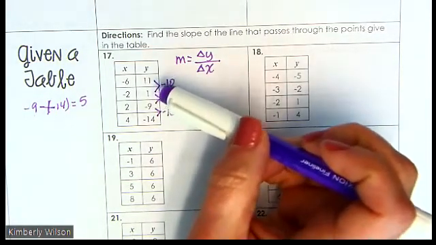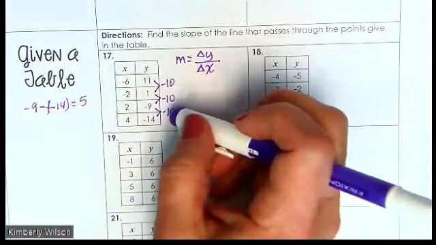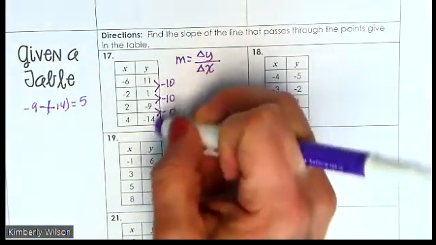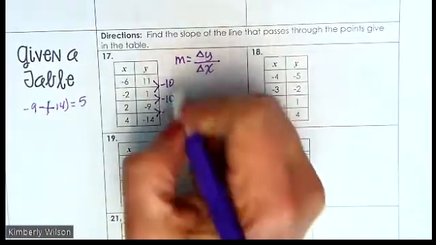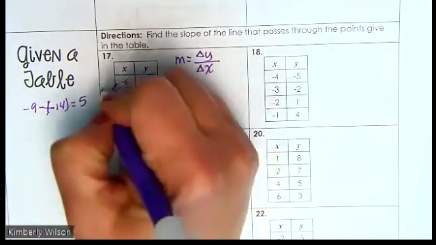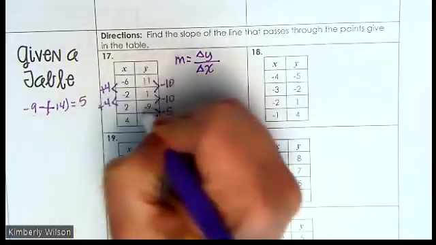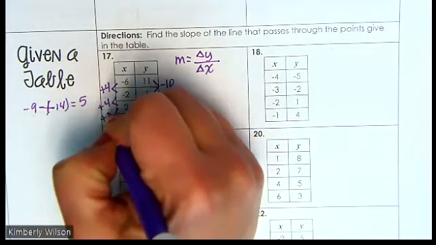So this is 10. This is actually down 5. From here to here, this is up 4. This is up 4. This is up 2.